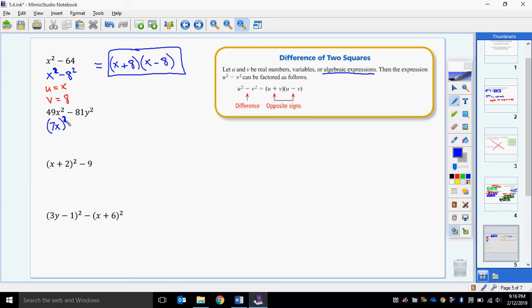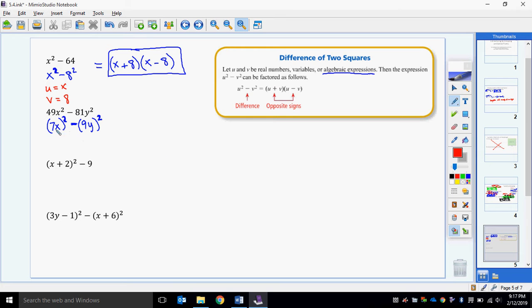It's 7x being squared. And over here, the 81 is 9 squared, and the y squared is y squared. So what I have is 9y squared and 7x squared. This is a difference, the subtraction between two squared terms.